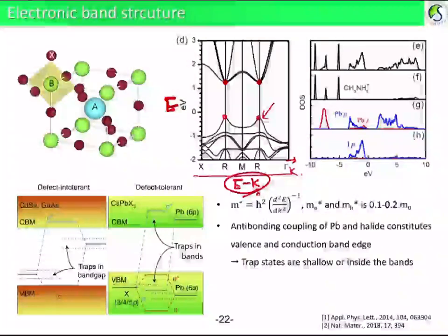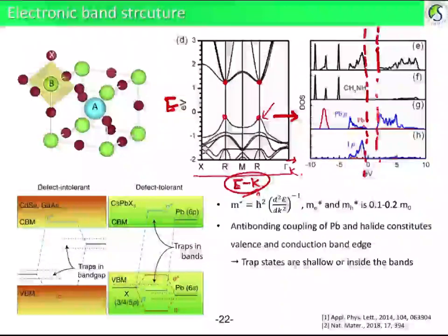And if we divide each molecular orbital, you can see that this range is the band gap region. You can see that the conduction band and valence band maximum mainly consist of the molecular orbitals from the lead and the halide.